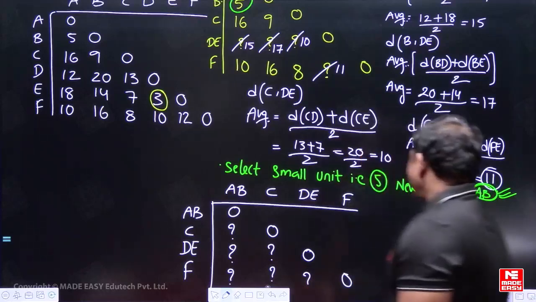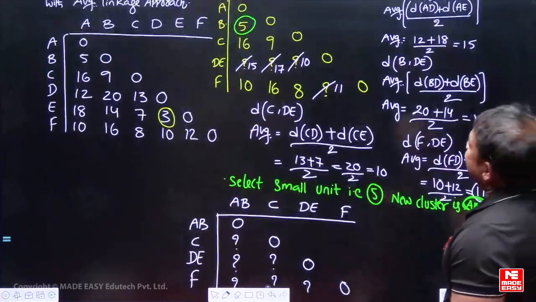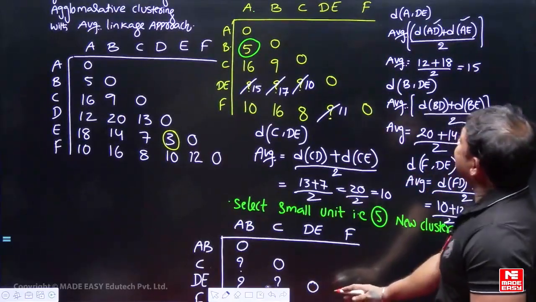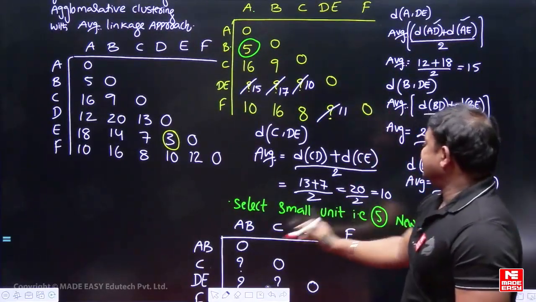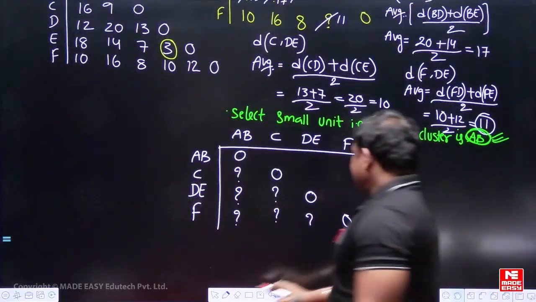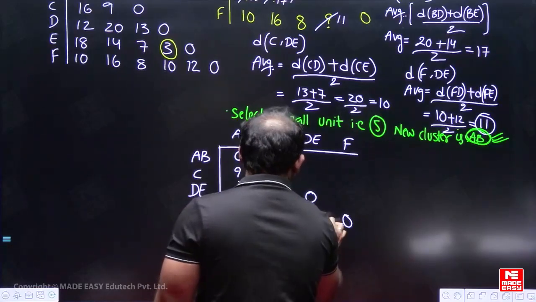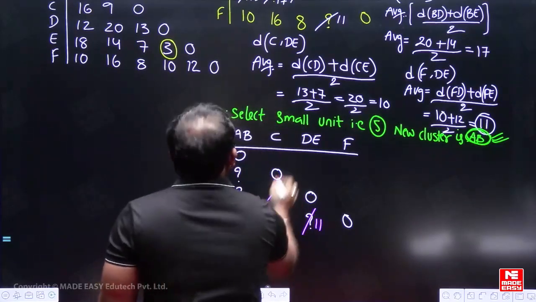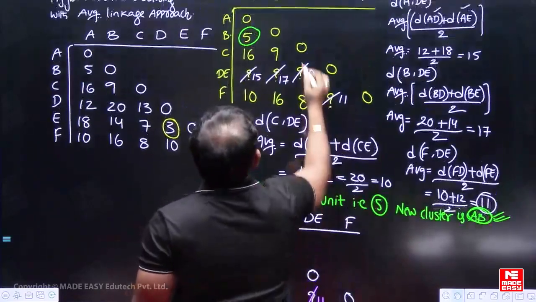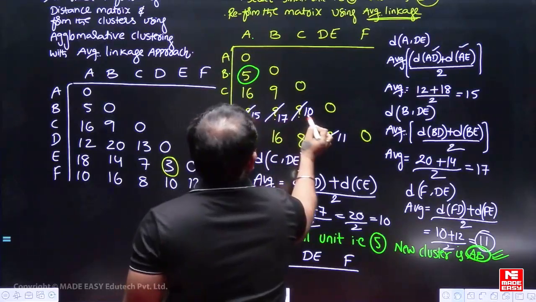Or else, if you want to take the previous values, you can directly take them. Because for DE and F, there is no change. Directly you can put 11 here. And C and DE, there is no change. Directly you can put 17 there. Already you calculated previously, that is not changed.